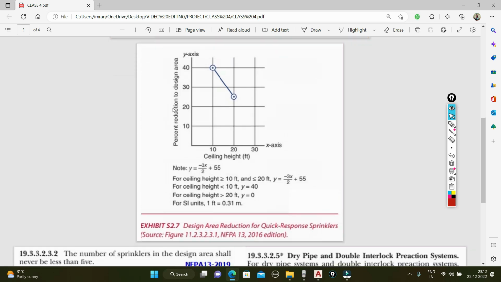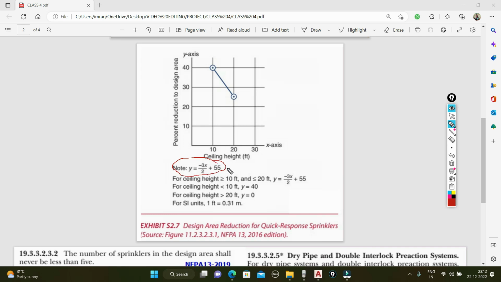So this graph is very important if we are using the quick response sprinkler. Design area reduction for quick response sprinkler. This formula is very important to consider the area of operation.